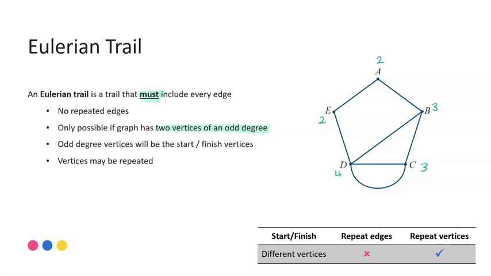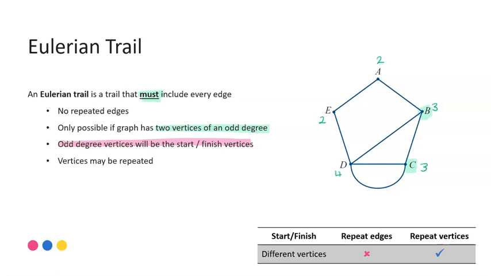From that, I can see that B and C are vertices that have an odd degree. The reason why that is useful is that the odd degrees will be the start and the finish point. So I know that if I start at vertex C, I will be able to create a Eulerian trail, and my finish point will be vertex B.